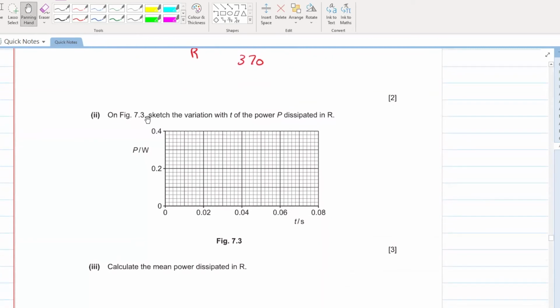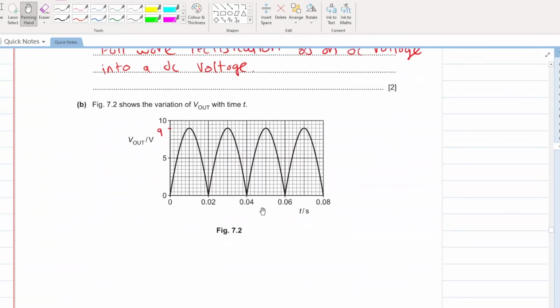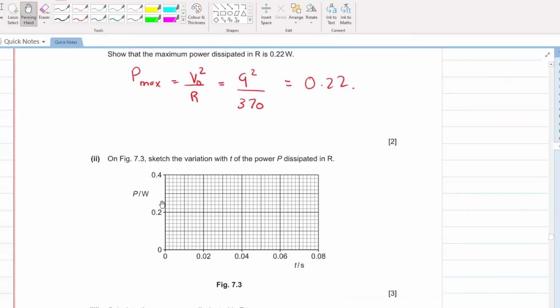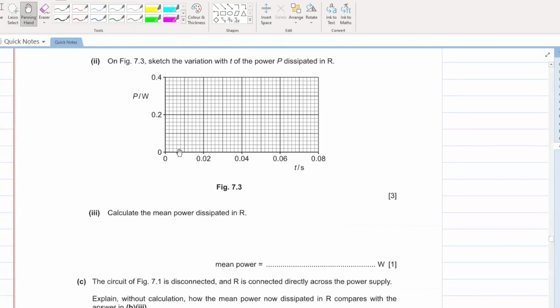On figure 7.3, sketch the variation with time t of the power dissipated in resistor R. Very, very easy. What do you have to do? When the voltages are 0, the powers will be 0. At time t equal to 0, power 0; 0.02 पे power 0; 0.04 पे power 0; 0.06 power 0; 0.08 power 0. So let's make these dots here.